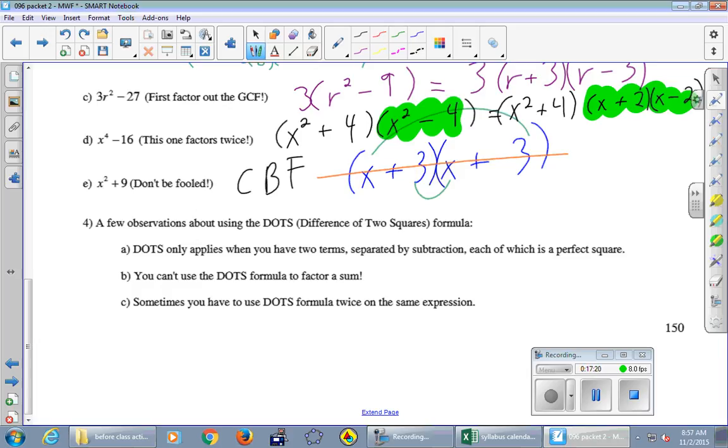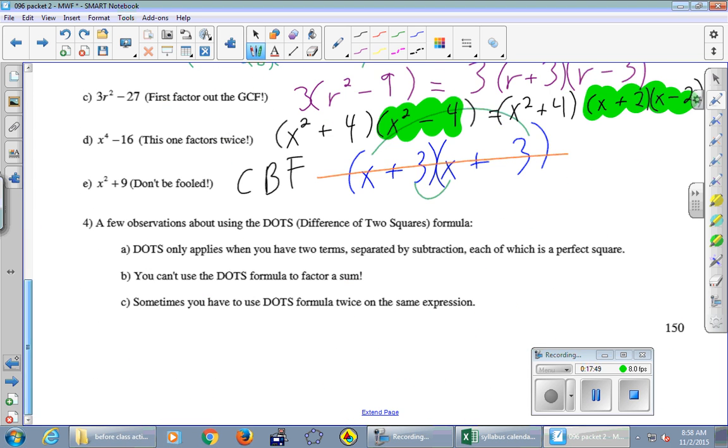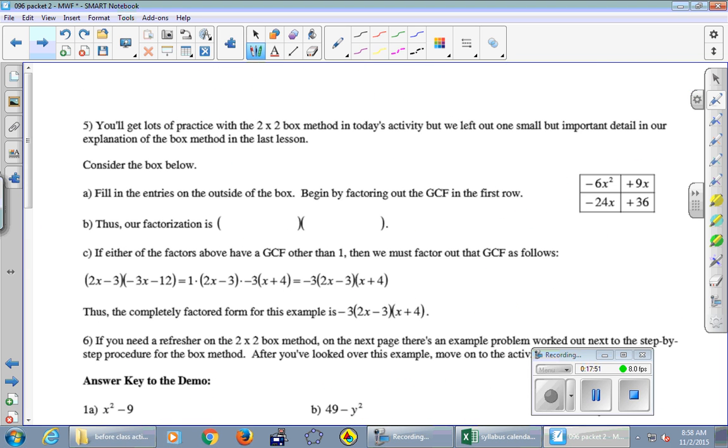Okay, so to summarize, this is the last factoring technique we'll have for the whole semester. So I just want to make sure we're clear on all the different techniques we have. First technique is the first one to try on every factoring problem, and that's factoring out the greatest common factor. Like in part C, what did we take out of both terms? 3. That's always the first thing to try, no matter what. Factor out the greatest common factor. Then we had the 2x2 box method, which we saw last class.